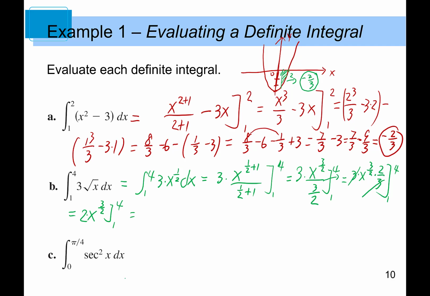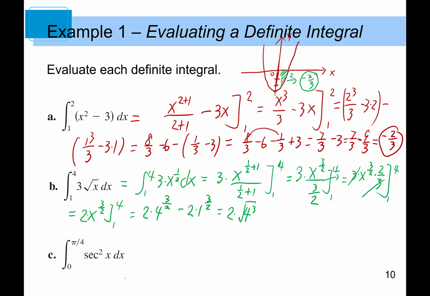First of all, plug in 4, so 2 times 4 raised to the 3 over 2 power. And plug in 1, minus 2 times 1. So 2 times 4 cubed, square root of 4 cubed.